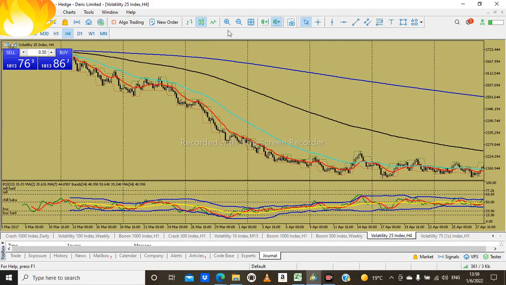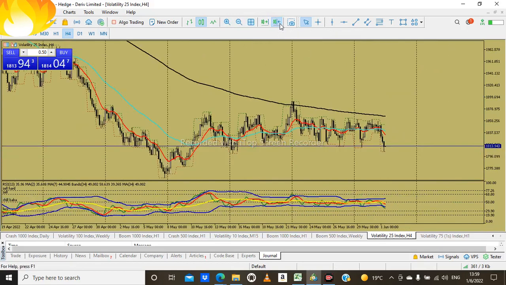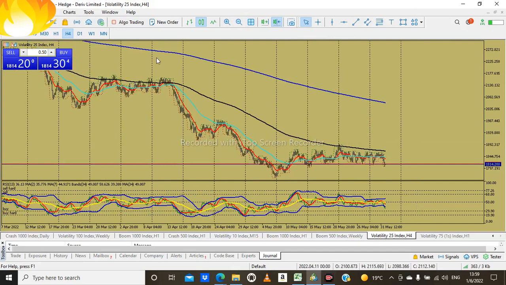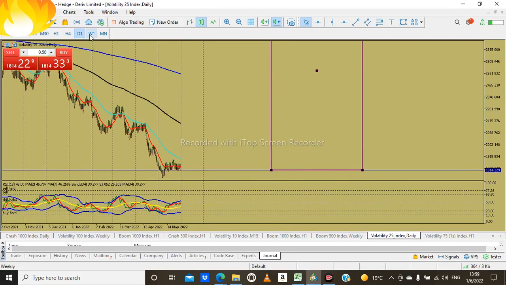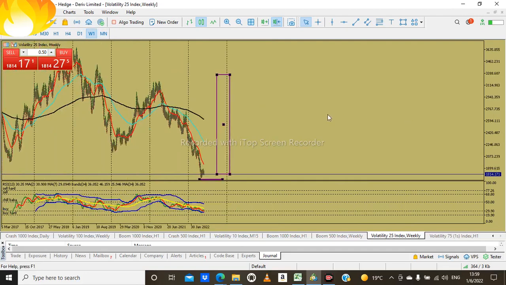Let's look on H4 and let's see what H4 is telling us. It seems different when you're coming from H1 to that weekly time frame. I said I wanted it to come down for a second leg.